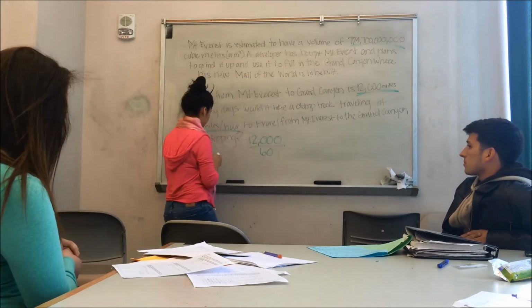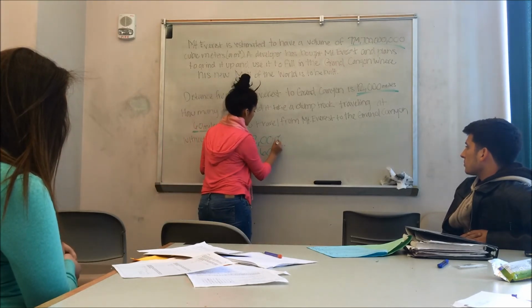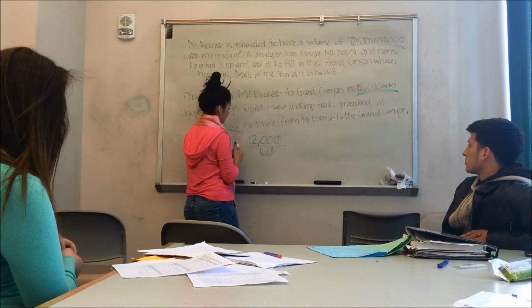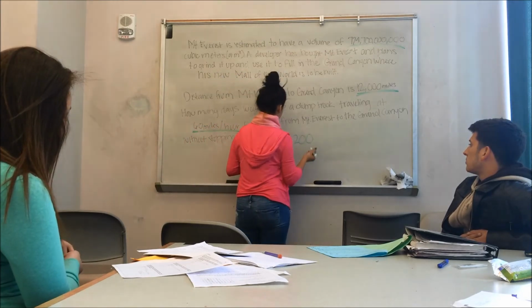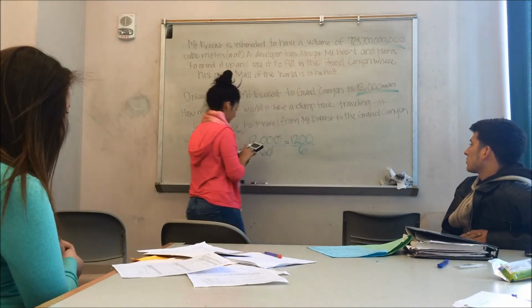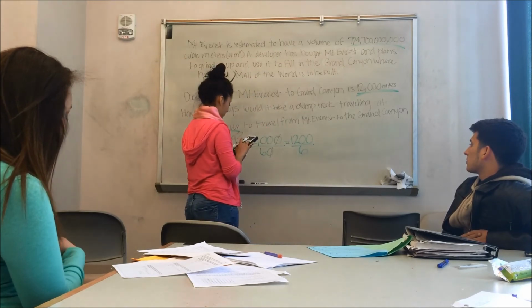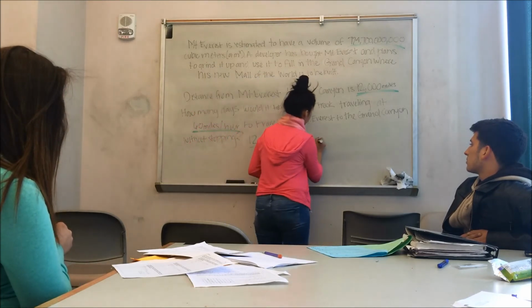And then to make it easier, you take the 0 and the 0, you cancel that out, and you would be left with 1,200 divided by 6. So when you divide that, you get 200.